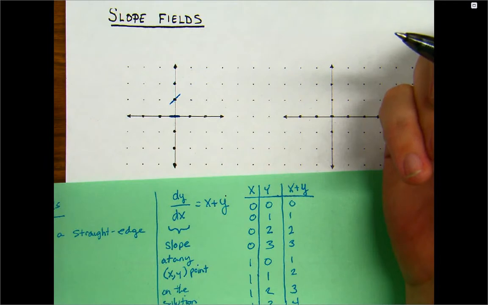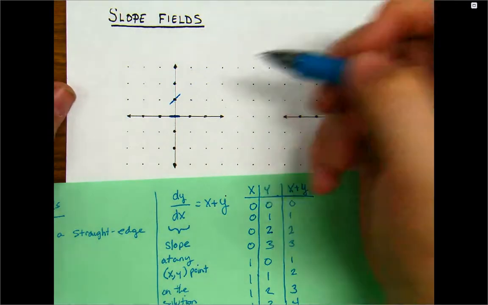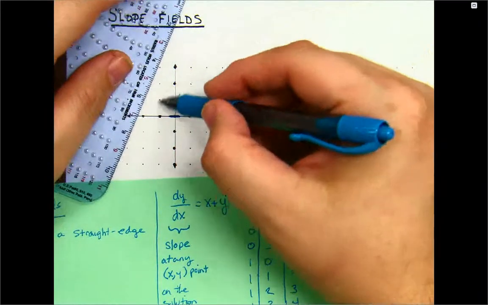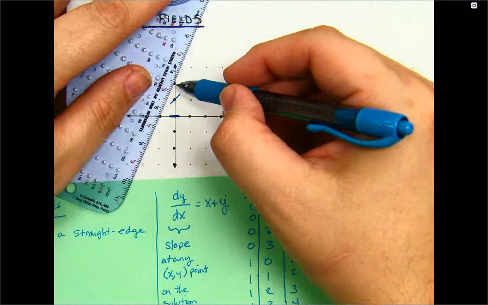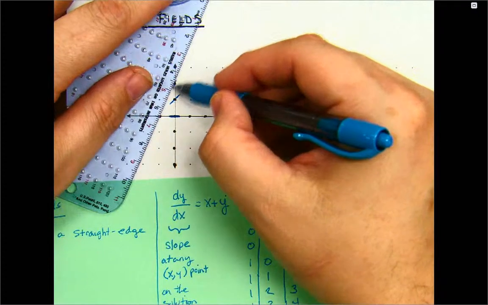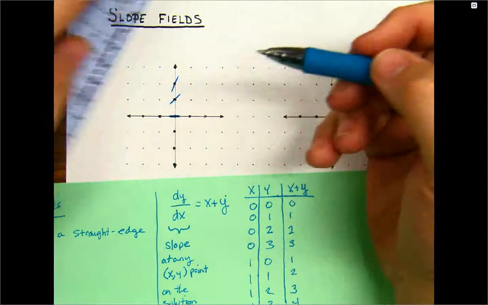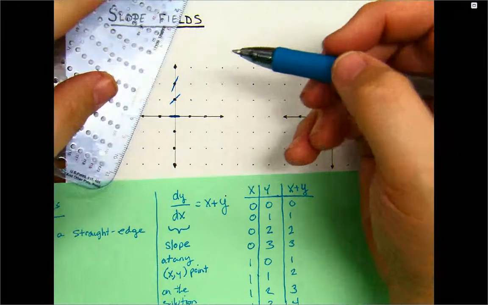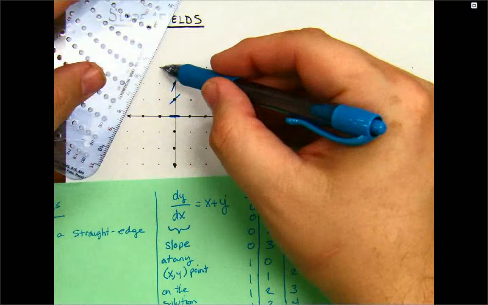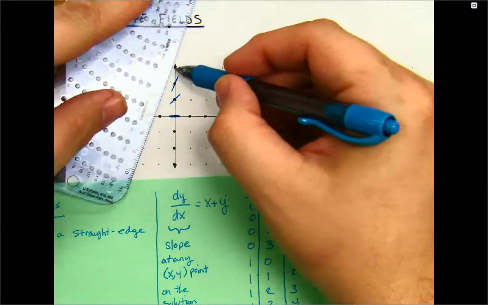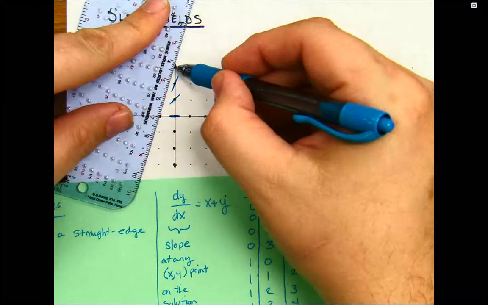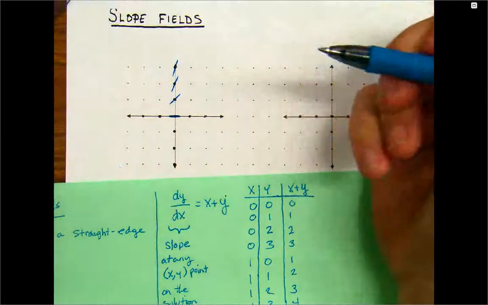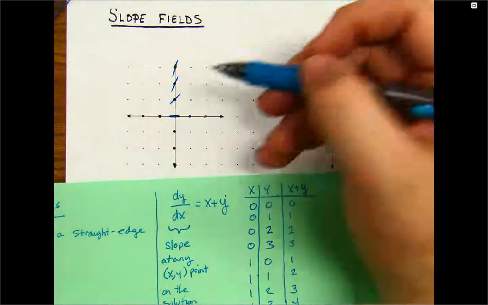At 0, 2, the slope is 2, so it'd be up 2 and over 1. So here's the slope at 2. And then at 3, we would actually do this: a horizontal line, and this is why I'm not doing the whole thing.